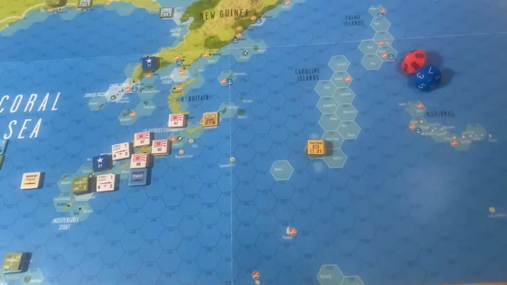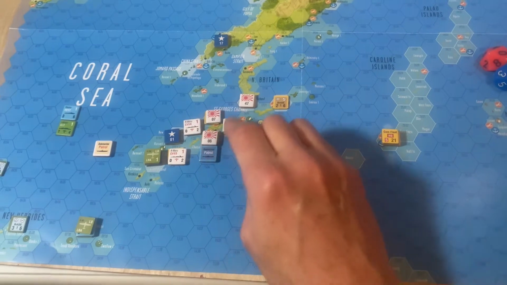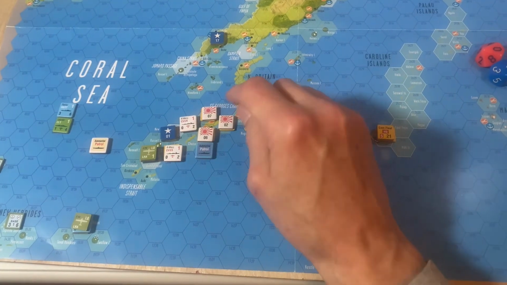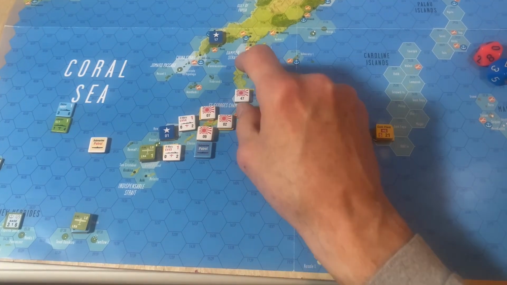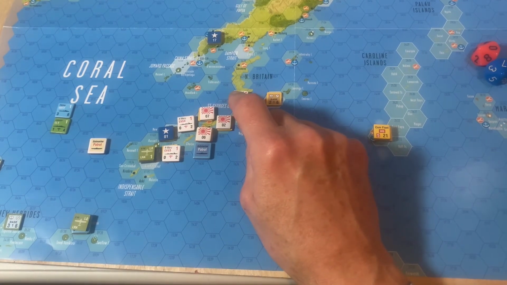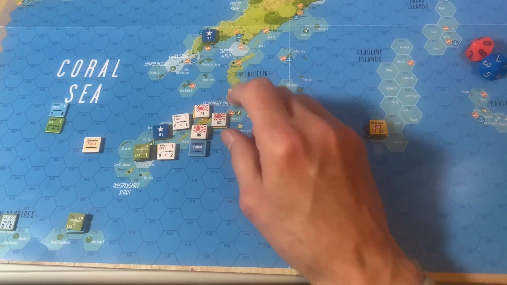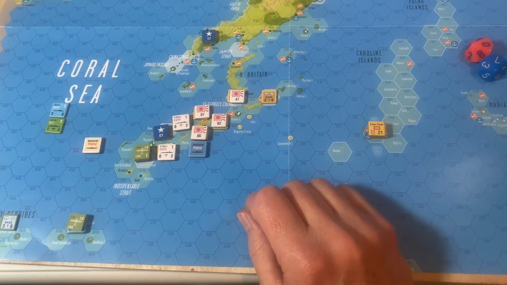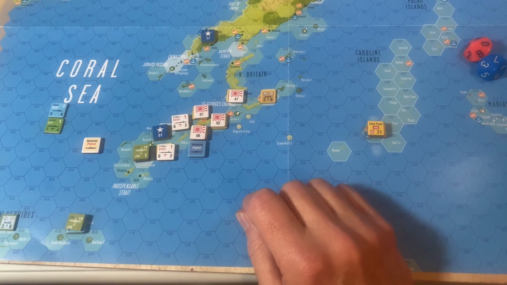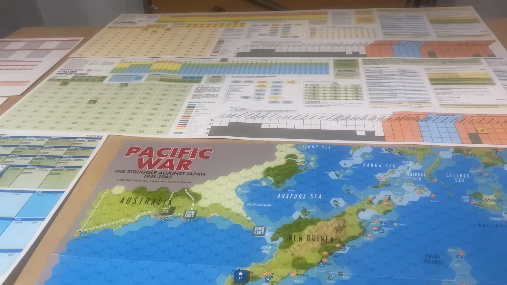And then the Japanese have the combined fleet here, and of course the various infantry units, and one F air and one T air here, along with some ships. So destroyers and transports. So that's the setup, and the first phase is weather.